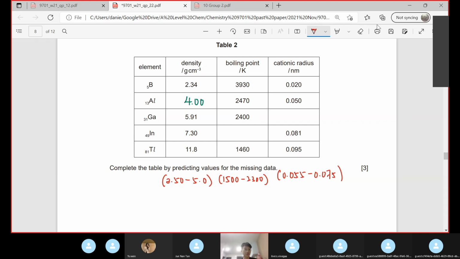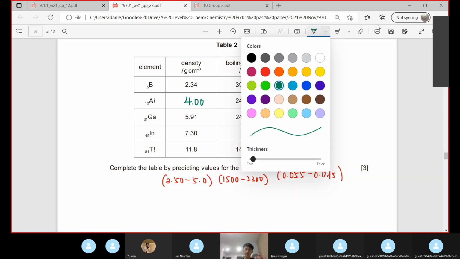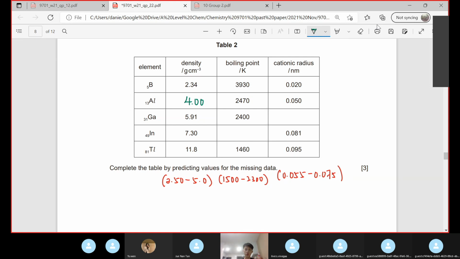If you use the midpoint method, you sum them up, then divide by 2, and you will get around 1930 for the boiling point, which is within the range.